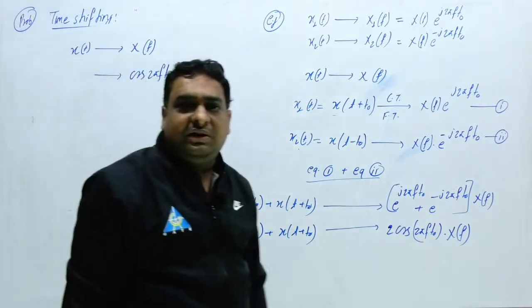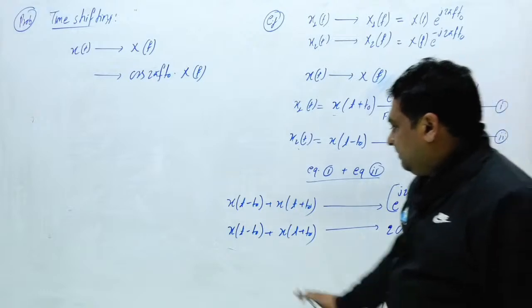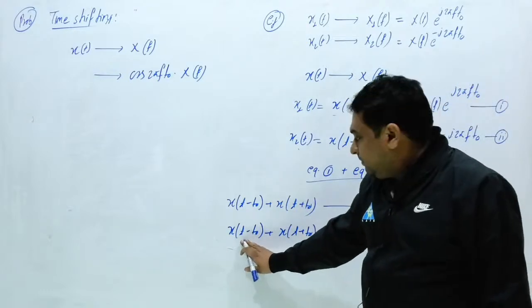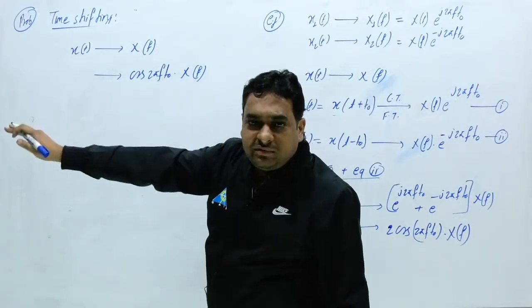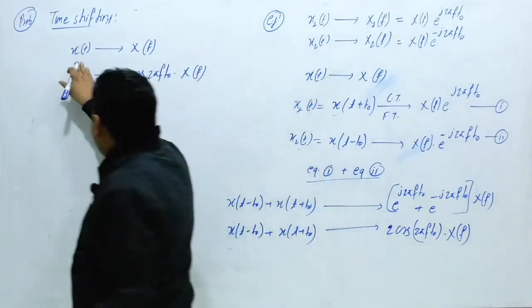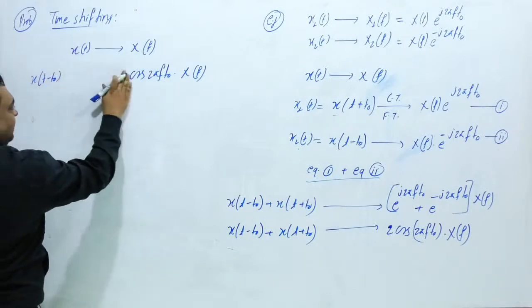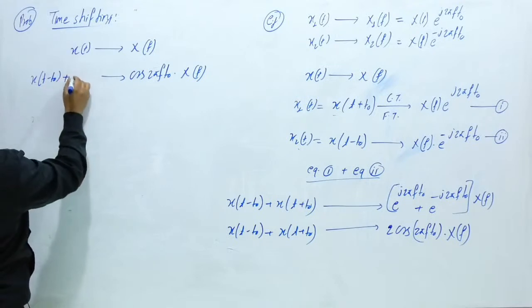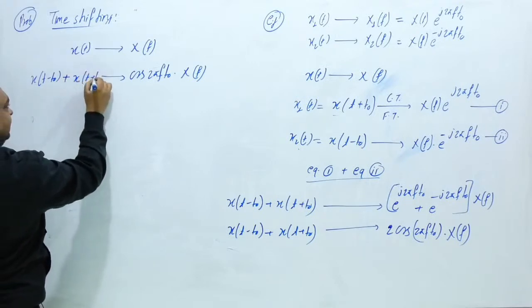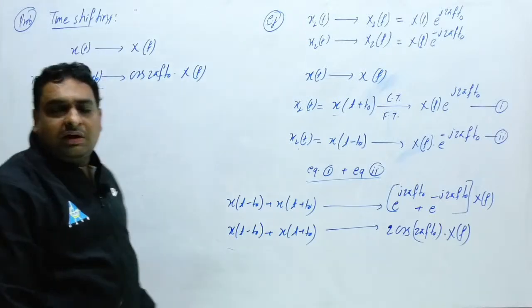The left-sided signal will be shifted this amount, one time left and one time right. So here you will get one time x(t minus t0) and plus x(t plus t0), and here you put this 2.